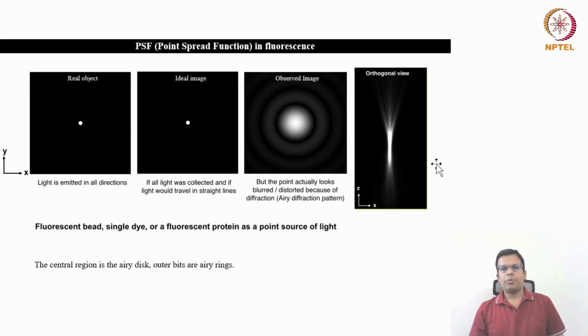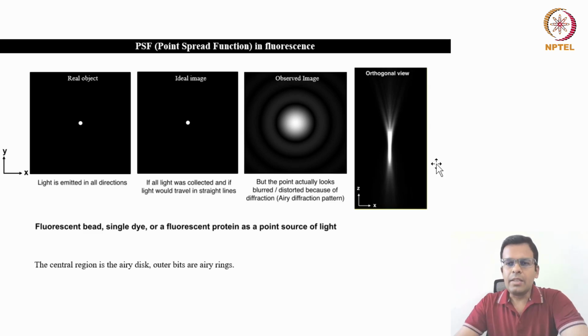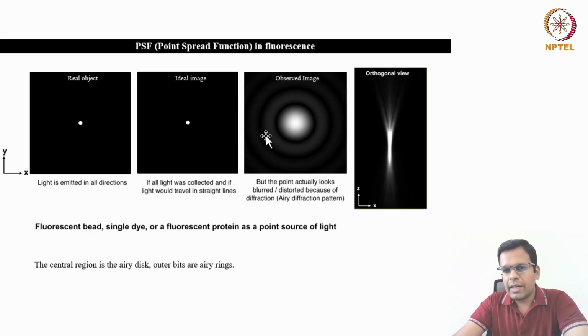A little more understanding of the point spread function. What is a point spread function? Let's say this is your real object, the point source of light. Ideally you expect the image to be like this, but actually in the microscope you will get an image like this. You are not seeing the real object, you are seeing the diffraction pattern of the real object.